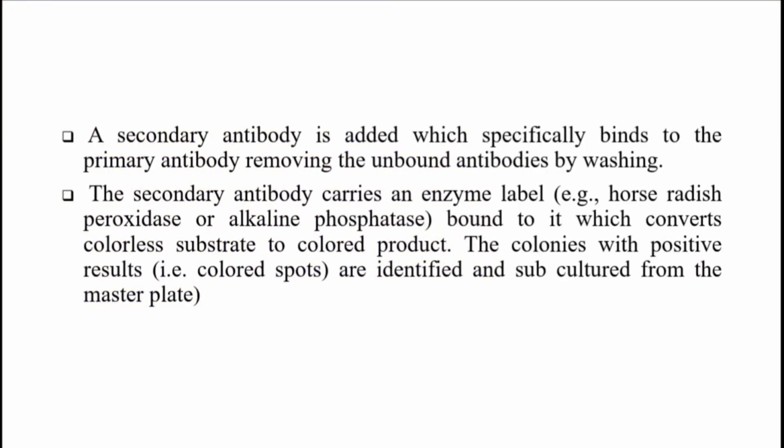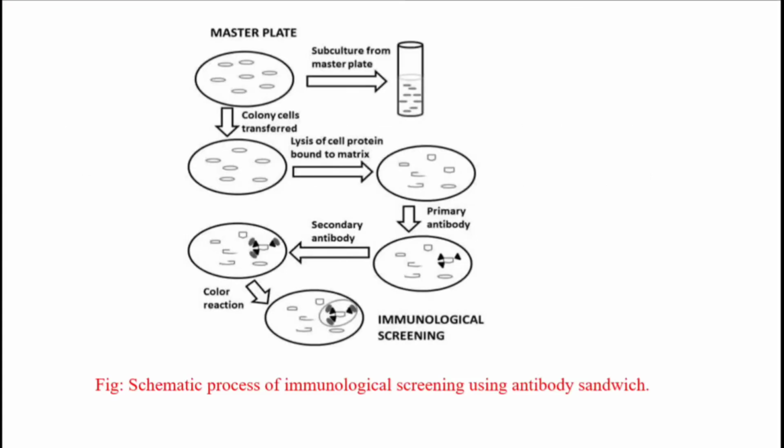The secondary antibody is added which specifically binds to the primary antibody, and the unbound antibodies are removed by washing. The secondary antibody carries an enzyme label, that is horseradish peroxidase or alkaline phosphatase, bound to it, which converts a colorless substrate to a colored product. The colonies with positive results are identified and subcultured from the master plate.